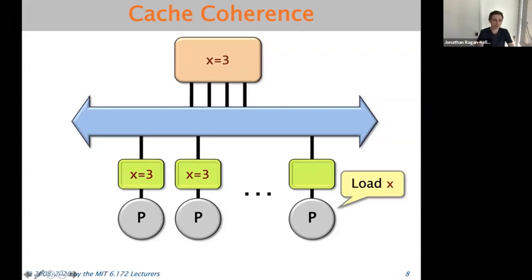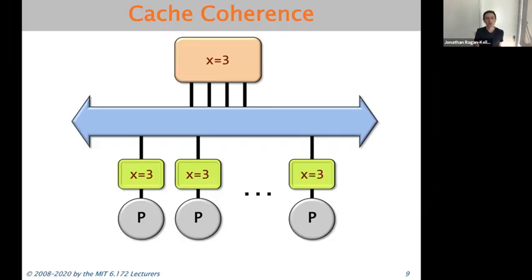But maybe, if these different cores are all close together on one chip, it's cheaper instead to fetch it from a different core's cache. So that's another option that we have. We can fetch it over the on-chip network either from memory or from another core that has it in a local cache. And maybe in some cases that's faster than going all the way to DRAM.